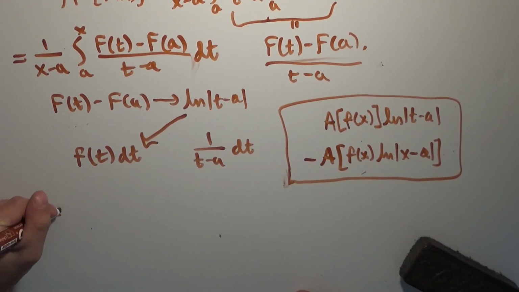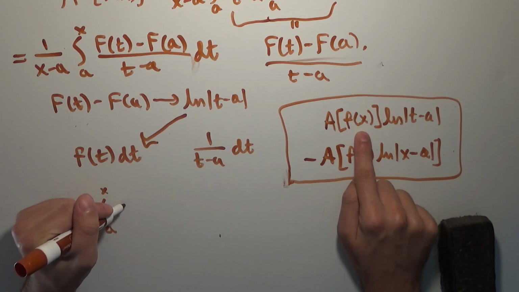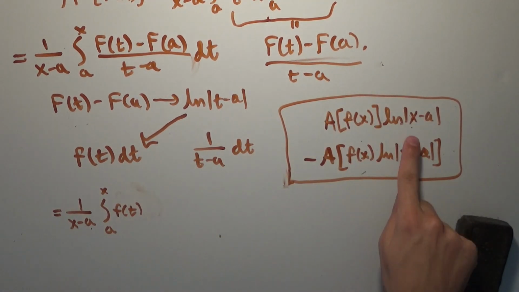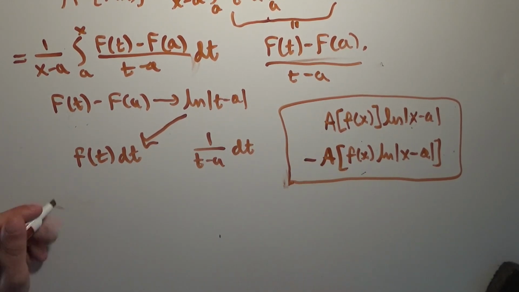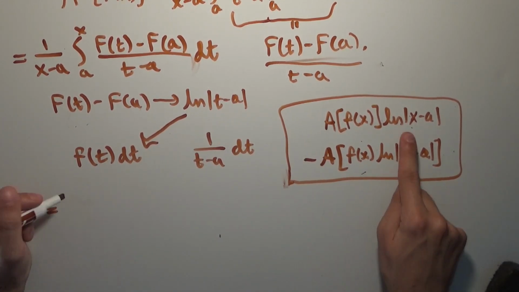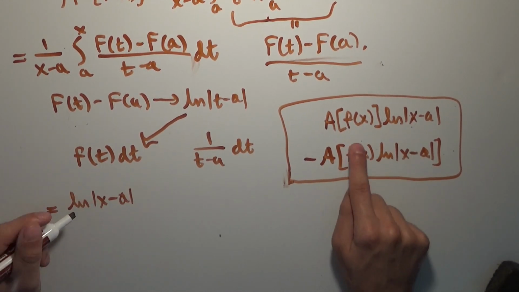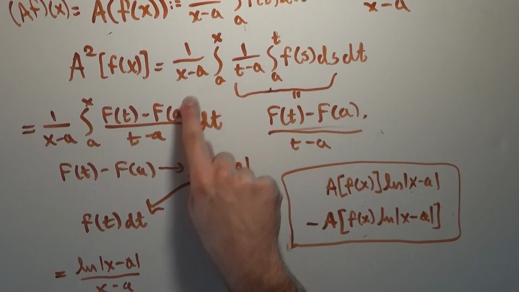So this has to be equal to 1 over x minus little a times the integral from little a to x of f of x. Sorry, that should have been an x right there. My mistake. I should have put an x there. That was confusing me. So what we're going to end up with when we write this average and this average as their integral forms, we're going to get the logarithm of the absolute value of x minus a divided by x minus a, because that's part of the definition of the average, right?